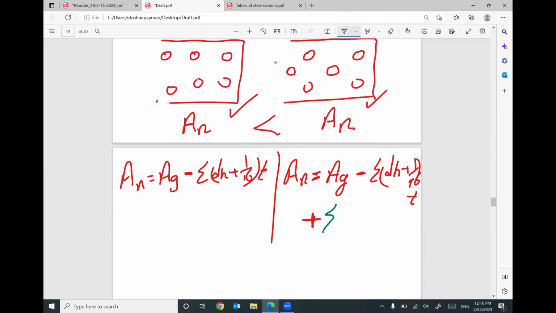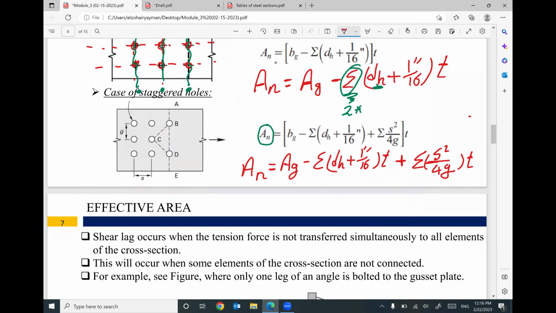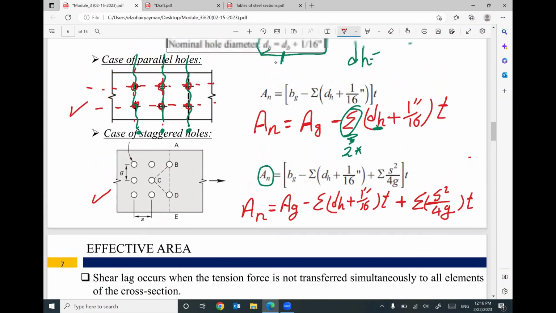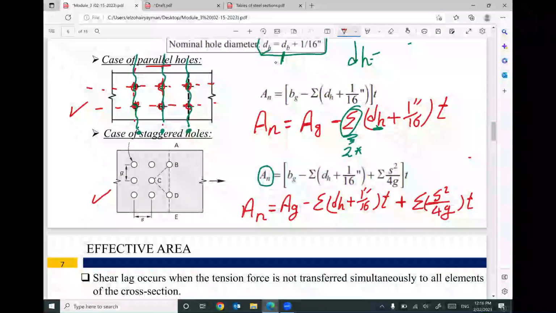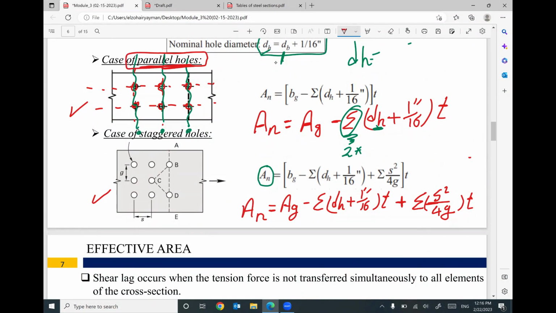This part is summation of S squared divided by 4G, times thickness. That makes sense? So sometimes we will prefer the staggered arrangement because you will get more benefit from your member, better than the parallel arrangement. But anyway, the construction of the parallel arrangement is easier than the staggered arrangement.